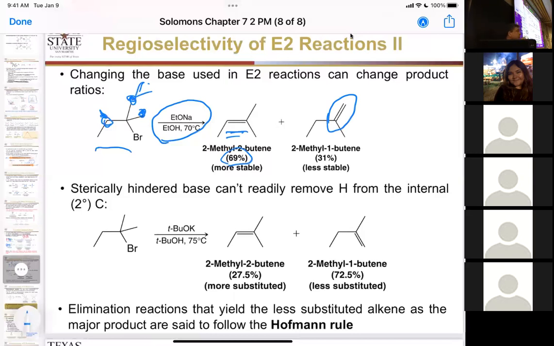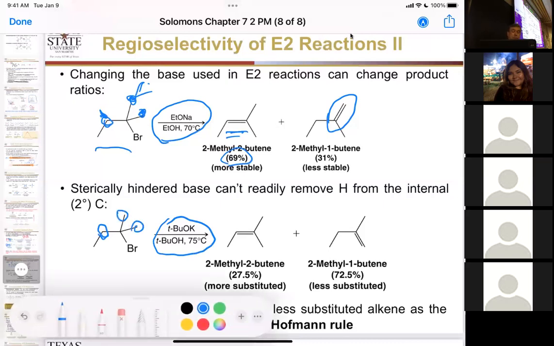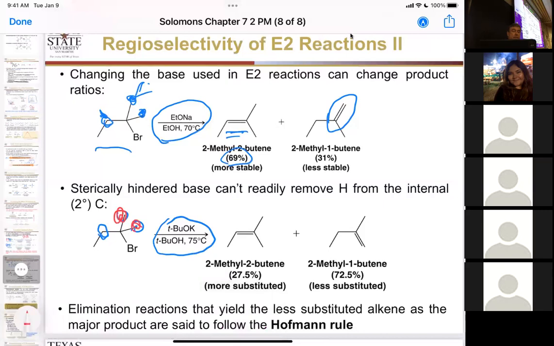However, let's change one thing. Let's go from that small base to this big bulky base. Okay, now this beta carbon here is harder to get to than these beta carbons. And therefore, these beta carbons become favored with this big bulky base.